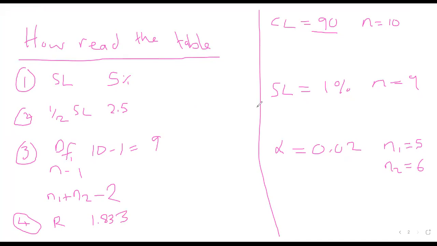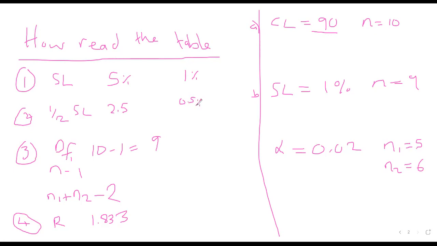Let's try with part B. What is the level of significance? It is 1%. And what do we do to this 1%? Divide it by 2. You get 0.5%.